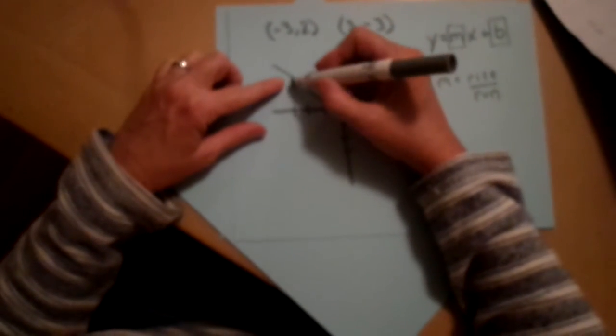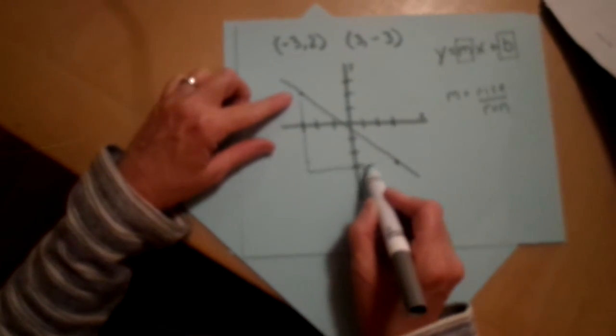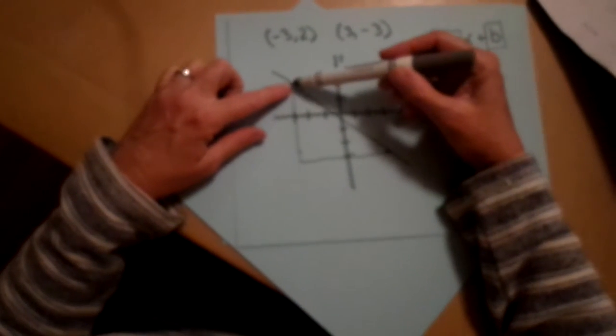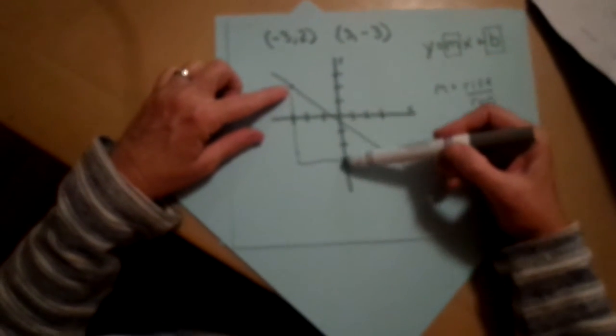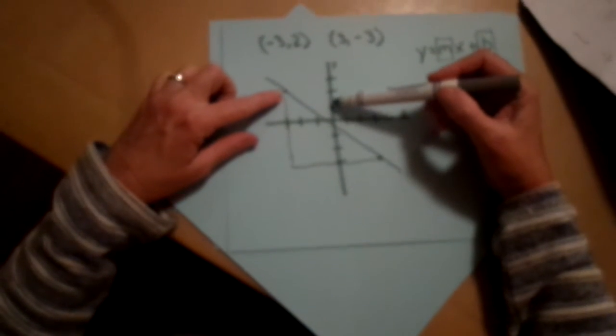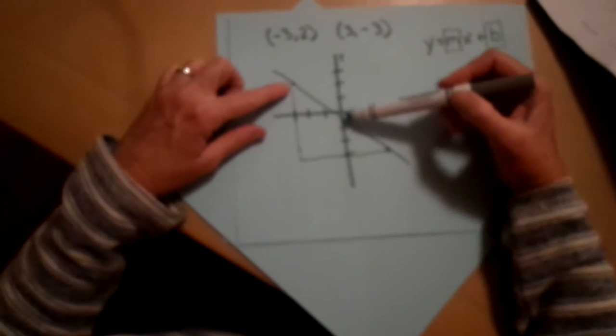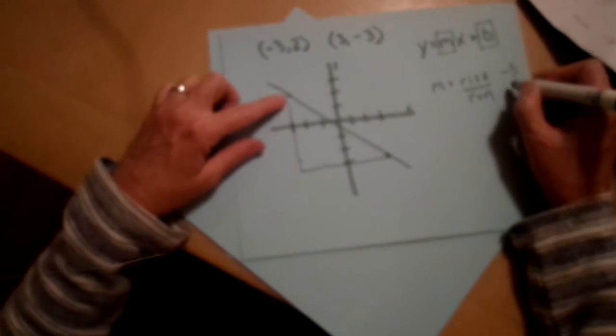You can draw a little triangle if it makes it easier to see. The distance along the y-axis would be 1, 2, 3, 4, 5, and it would be negative 5 because we went down.